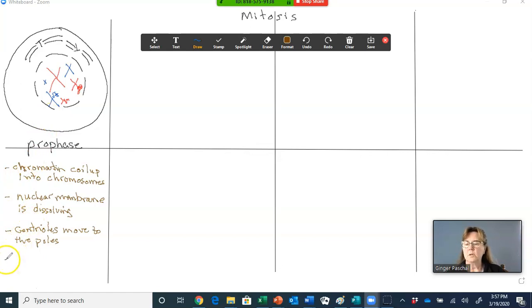Then we've got these spindly, fibery looking things, which is great because they're called spindle fibers. The spindle fibers form. That's a D. Let me erase that and write that again.